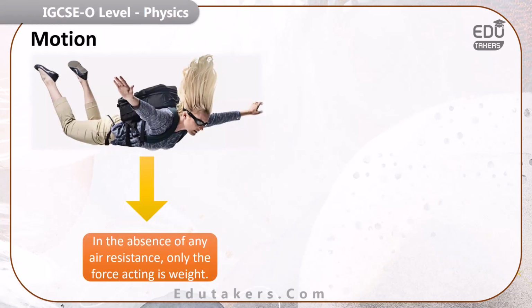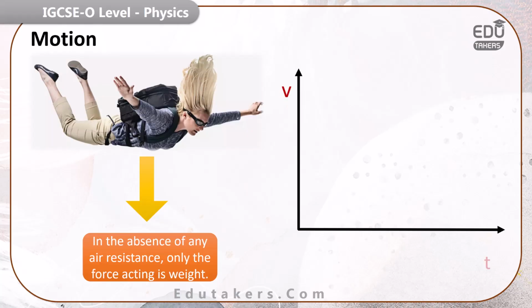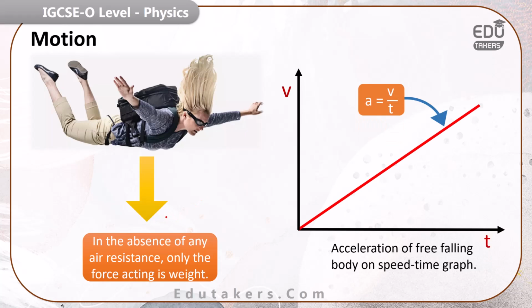You can see here the freely falling object, and here I ignore the air resistance. So the only force that is acting is in the downward direction, which is the weight. And we know that acceleration here is constant, whose value is equal to the free fall acceleration, and it is 9.8 meters per second squared. So this value is constant.